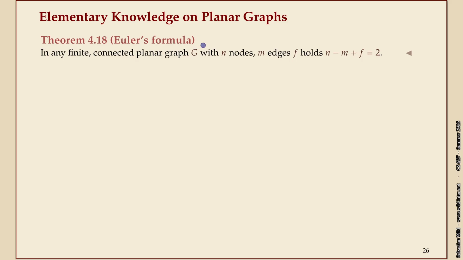The famous result that Euler proved is summarized with this equation. Whenever you have a planar graph with the additional restriction that it's connected, again, algorithmically, that's not a problem. If I have an instance of my independent set problem with several disconnected parts of the graph, I'm just solving the problem independently on all the disconnected parts.